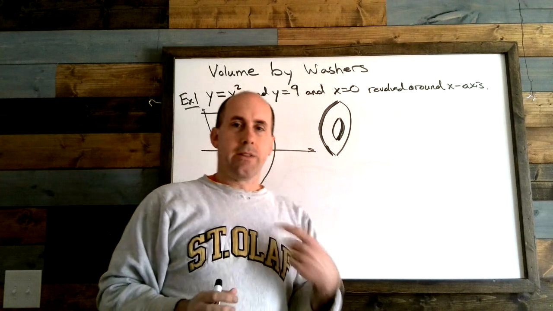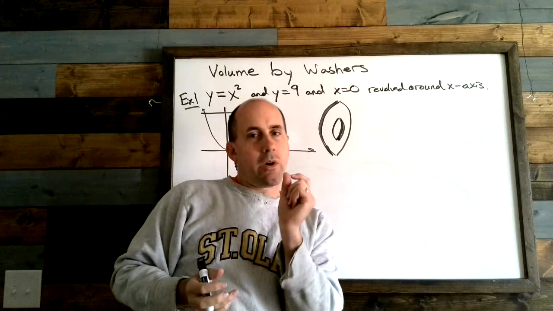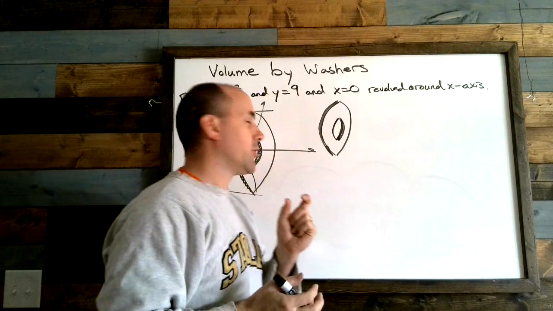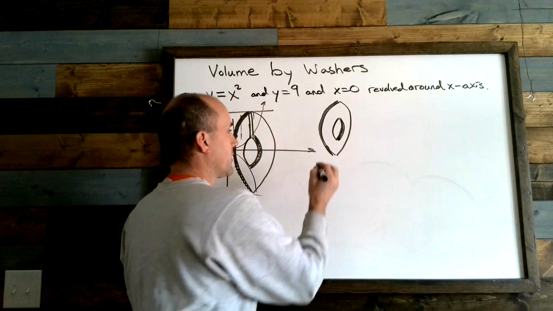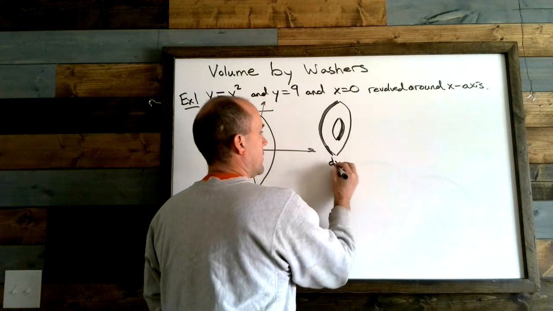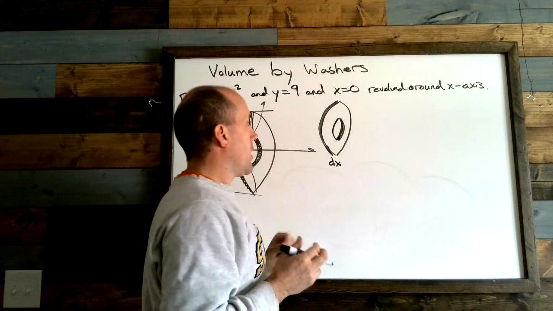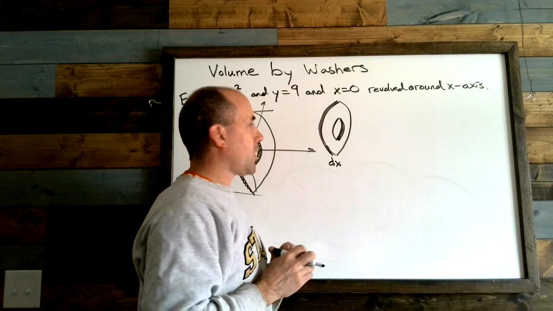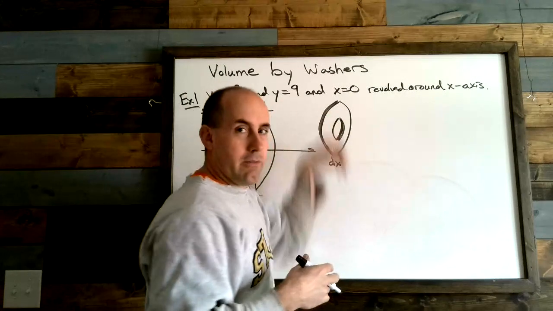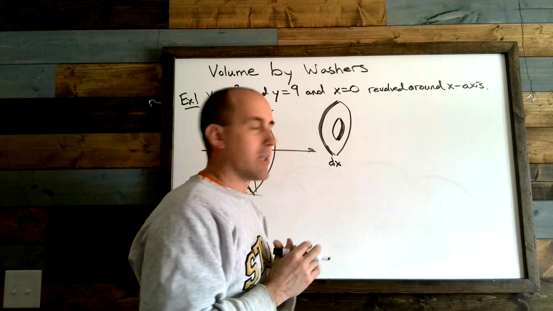The way that we find the volume of a washer is, first of all, we look at that thickness, and in this situation, we have a width of dx. So it's a horizontal width, and then we try to find the area of the rest of the shape and multiply those together.